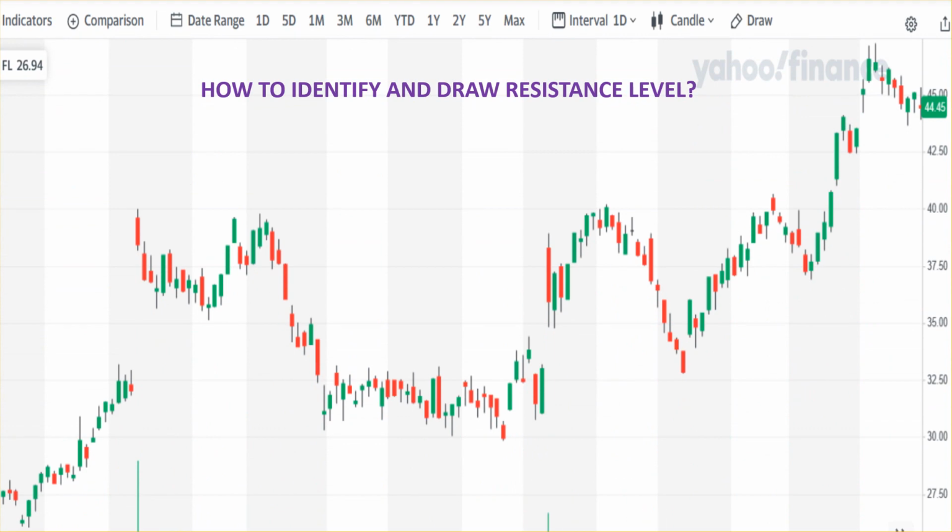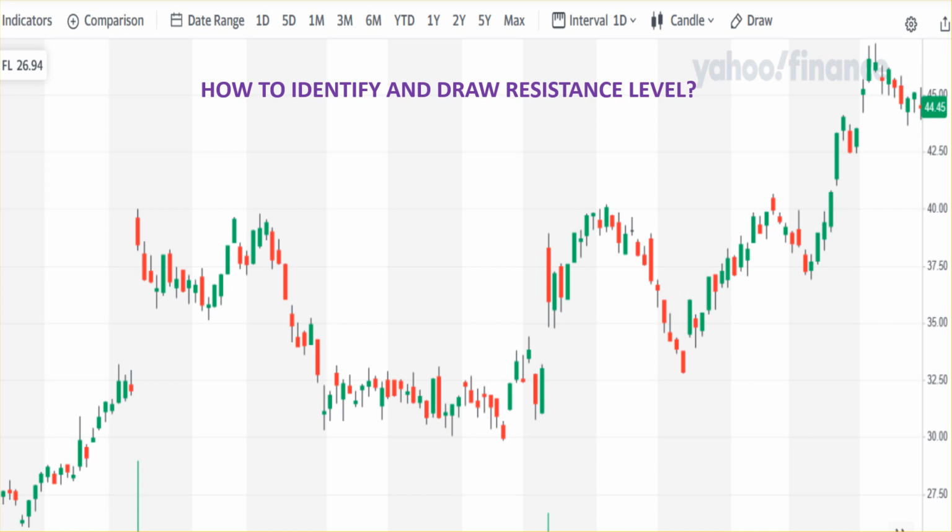To identify resistance levels, we look for areas on the chart where the price has repeatedly changed direction. These areas can be recognized by observing instances where the price has either bounced off a specific level or encountered difficulties in surpassing it.